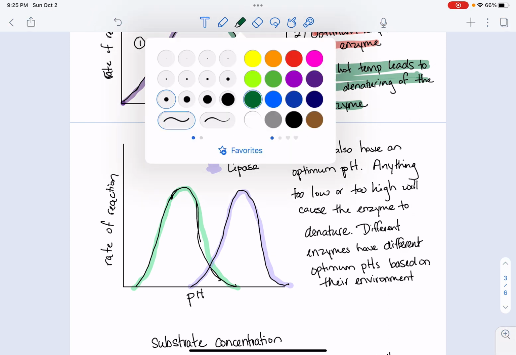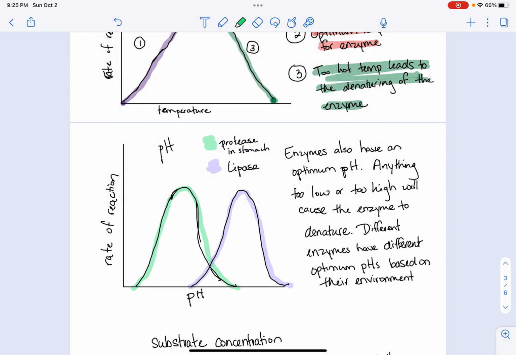For example, in this graph that I made, we have a protease, which is within the stomach, and the stomach is an acidic environment, so its optimum pH is going to be a lot lower, whereas lipase forms in the pancreas, and it breaks down fats that are in the small intestine, and the small intestine is a lot more basic.